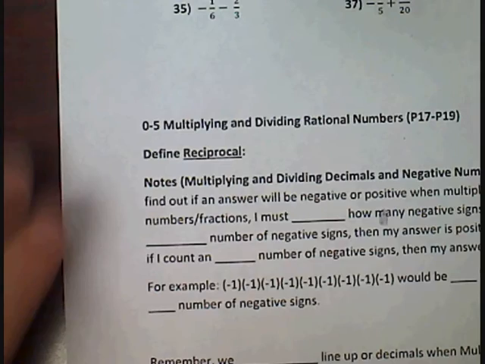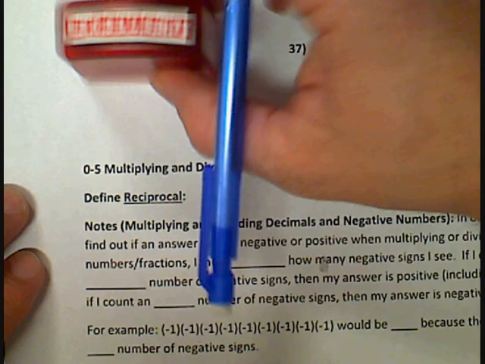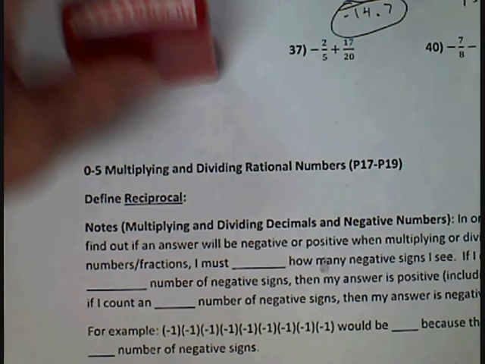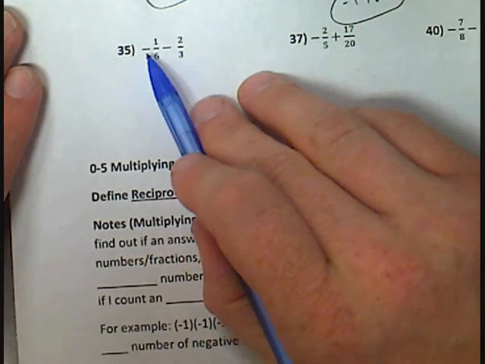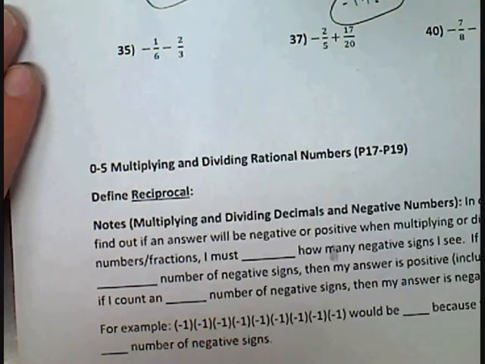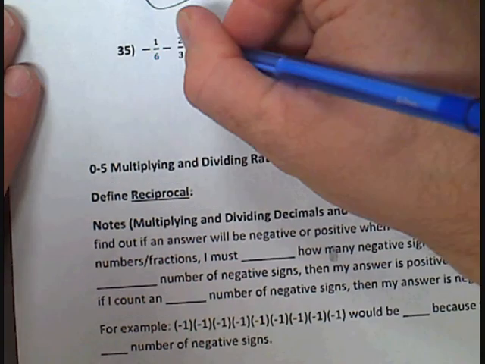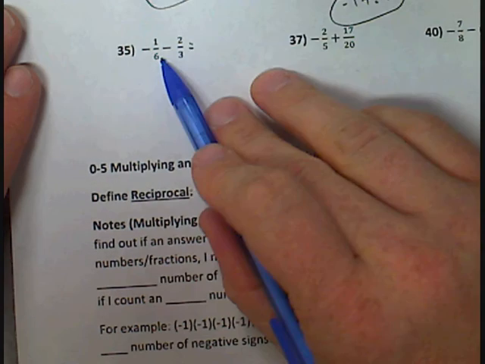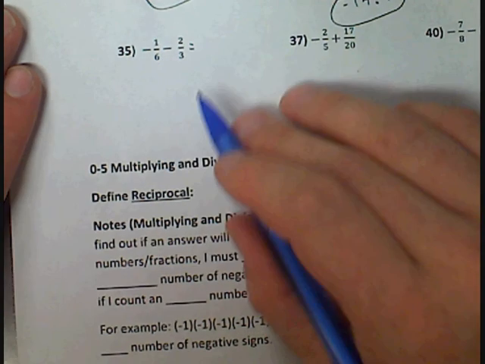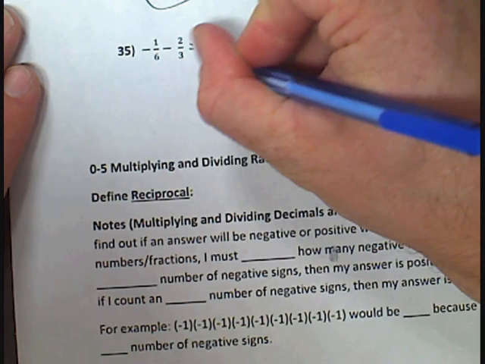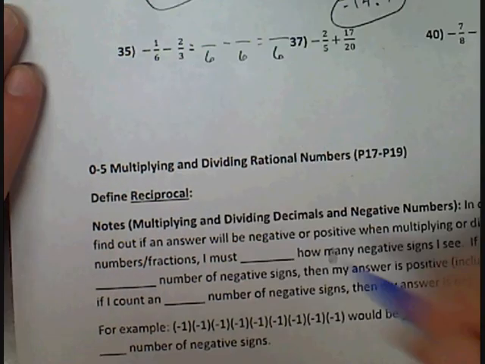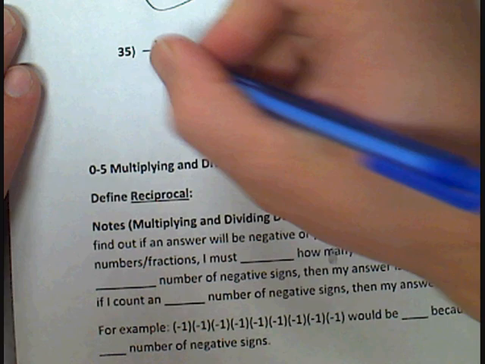Go ahead and try number 35. Pause the video and try. I do not have the same denominator. I need to come up with the same. These have to match. So the least common multiple would be 6. Something over 6 minus something over 6 equals something over 6. How did I get from 6 to 6? Times 1.